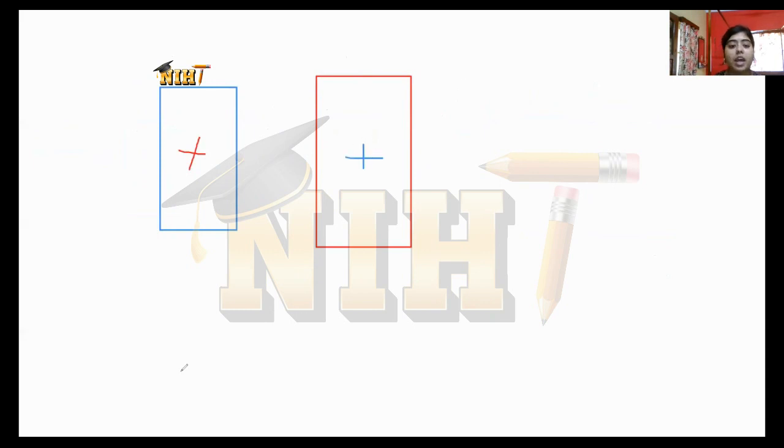These two plates divide the whole space into 3 regions. Suppose this is plate A, and this is plate B. Region 1 is the region on the left side of plate A, region 2 is the region sandwiched between the two plates A and B, and region 3 is the right side of plate B.